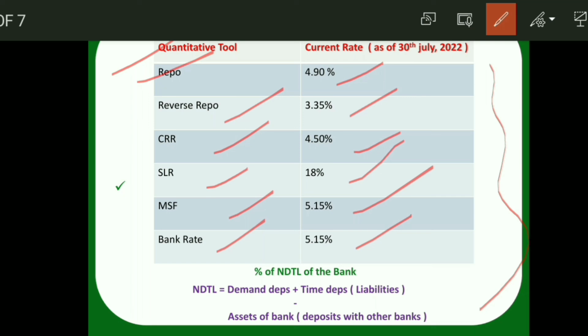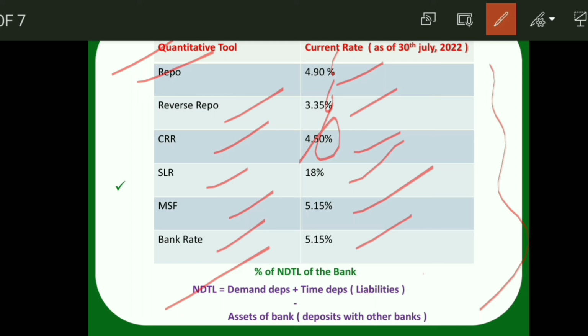Here it is given as percent. What is this percent? Percentage of what? It is the percentage of net demand and time liabilities, NDTL, of the bank. Now, what is meant by NDTL? It is the difference between the liabilities and the assets of the bank.